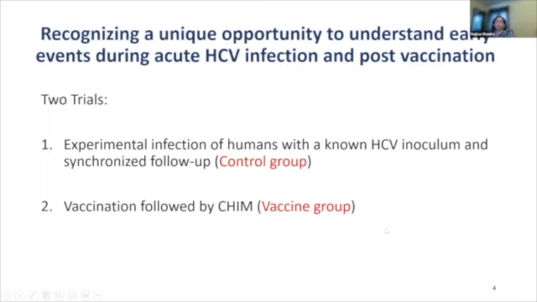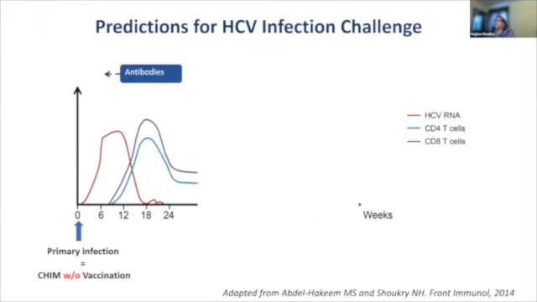These two groups represent a unique opportunity to understand the early events during acute HCV infection, because when we work with humans, unlike chimpanzees, we never really know when they were infected, unless you are working with people who got infected through a needle stick. They also let us understand what happens post-vaccination and whether this response is protective or not.